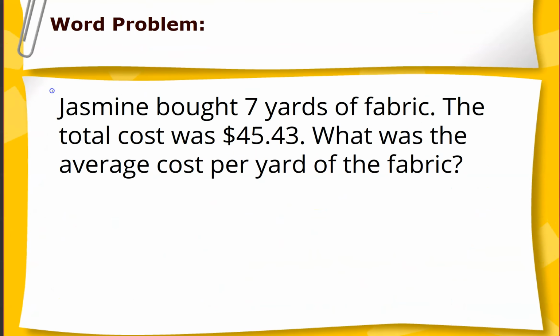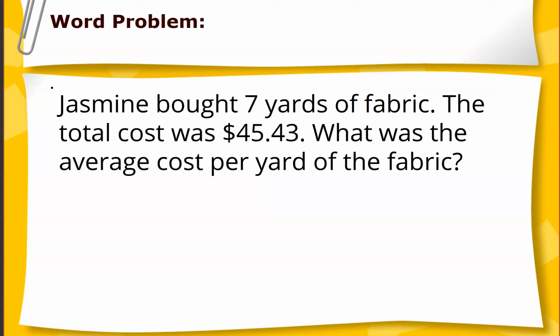All right, so here a word problem. This is just to get you used to looking at the word per. So it says Jasmine bought 7 yards of fabric. The total cost was $45.43. What was the average cost per yard? So again, per means what? Unit rate or slope or constant. So all you're finding is the amount for 1 yard, so per yard.